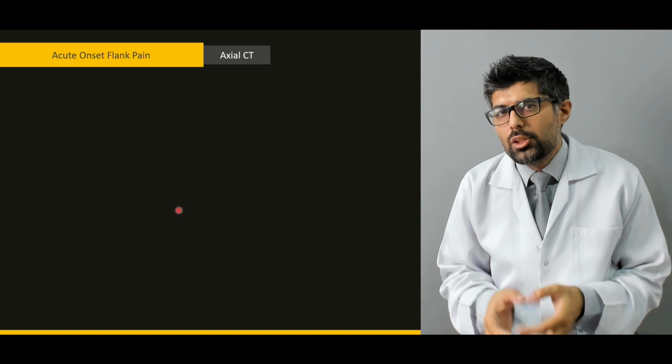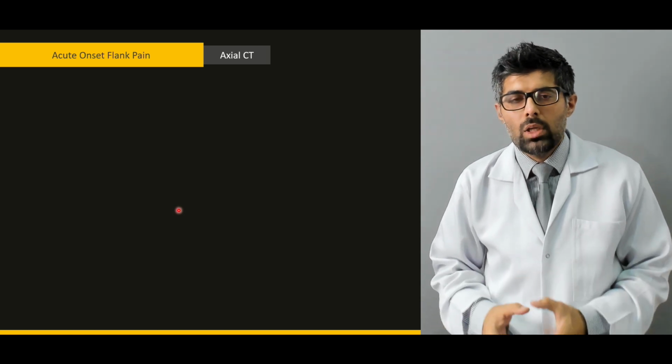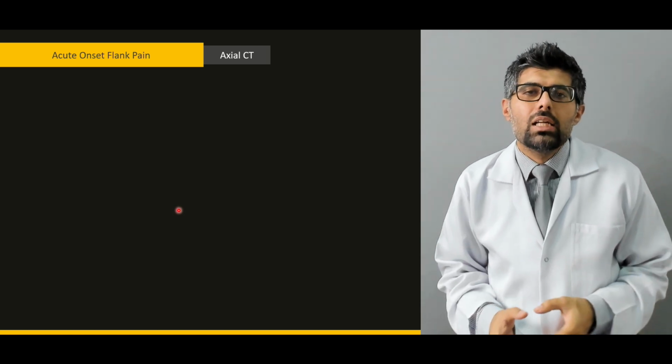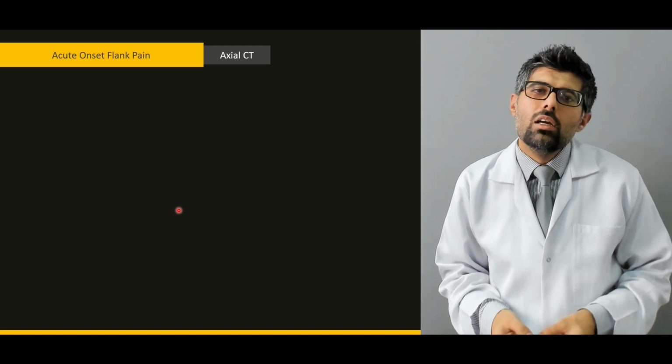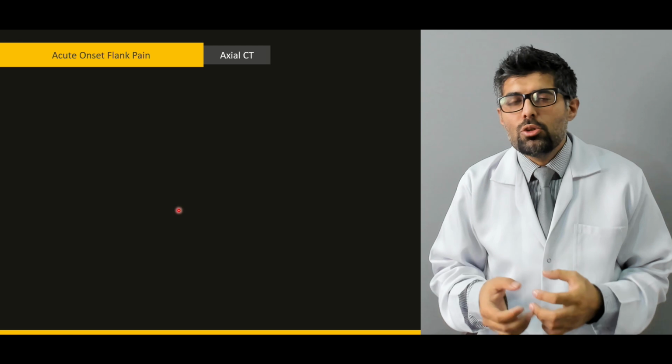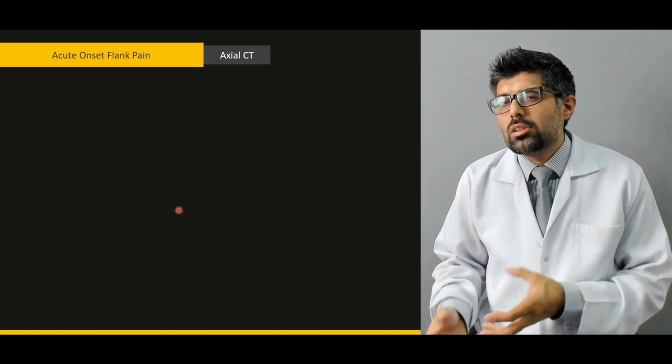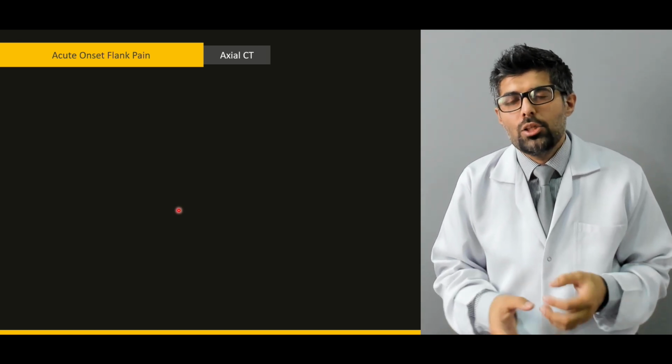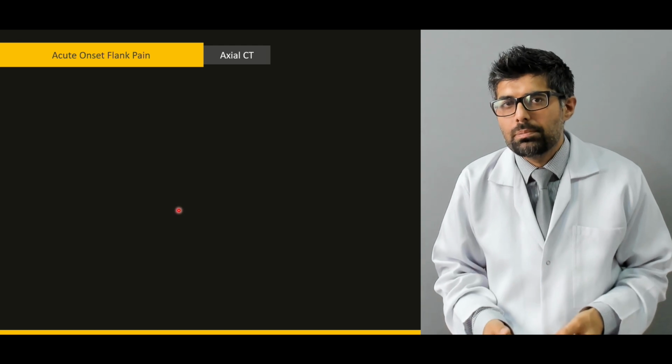Our next topic is the acute onset of flank pain. Now, usually flank pains are either colicky or spasmodic in nature, and they are usually due to the presence of calculi in the urinary system.